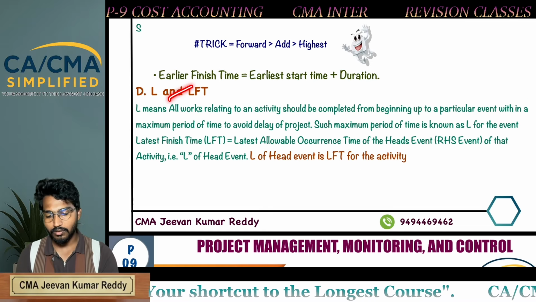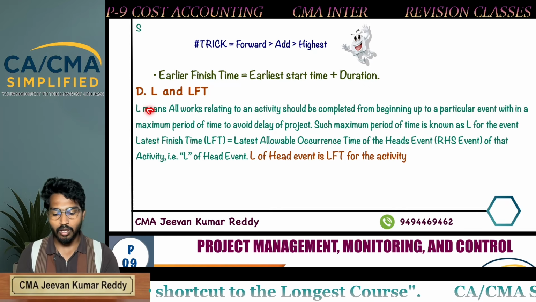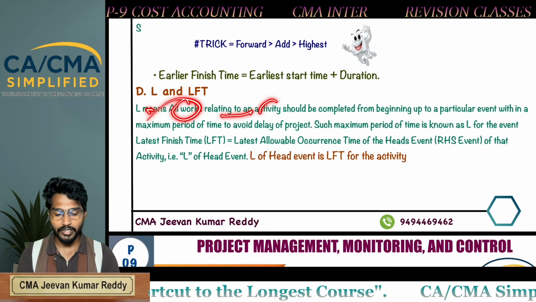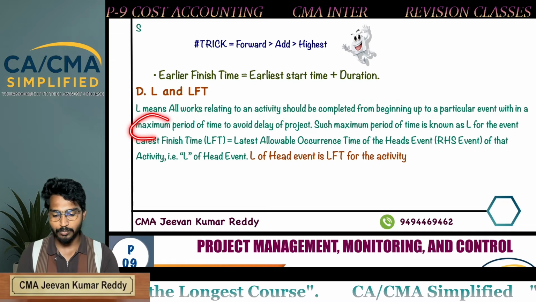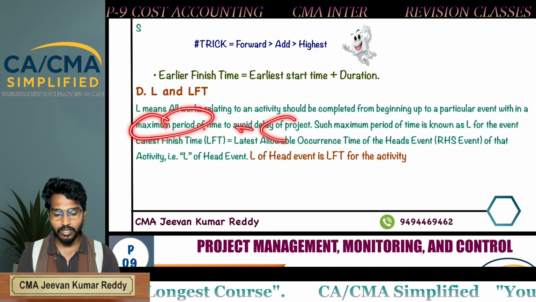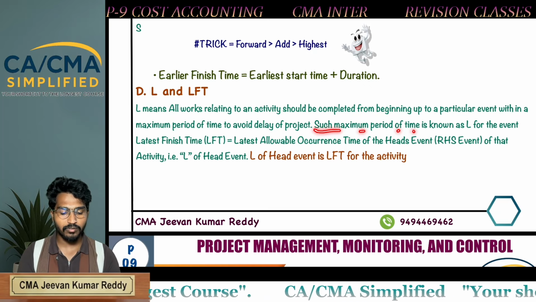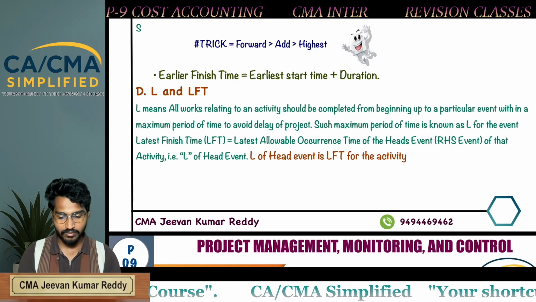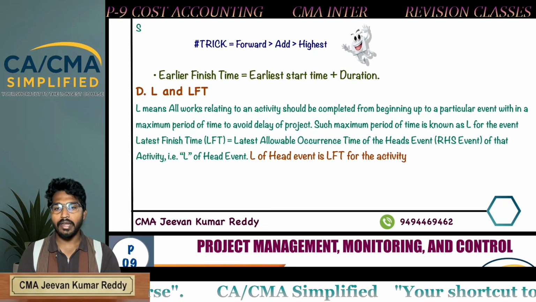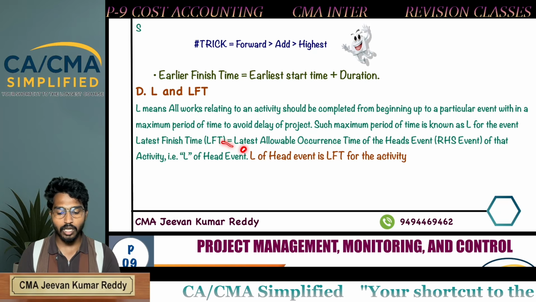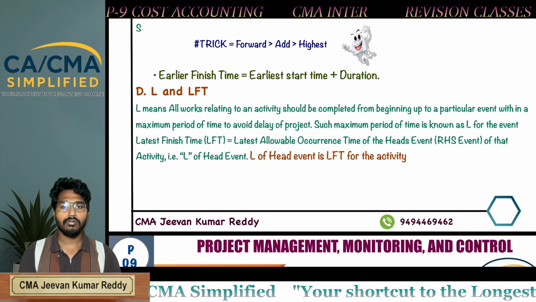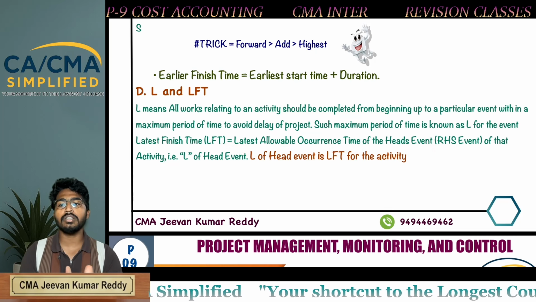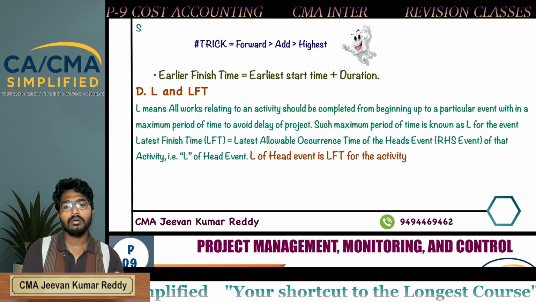Next, L and LFT. L means all work relating to an activity should be completed from the beginning up to a particular event within a maximum period of time to avoid delay of the project. Such maximum period of time is known as L for the event and LST for the activity. It is the latest allowable occurrence time of a head event. That means one activity must be completed within a particular time without delaying the project.